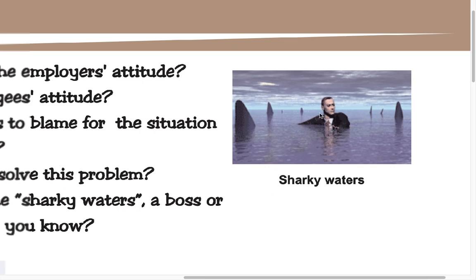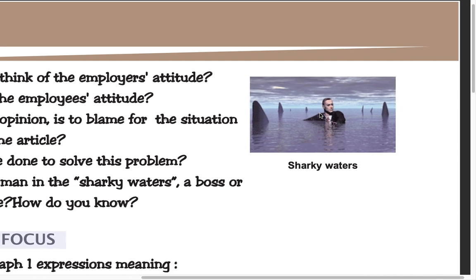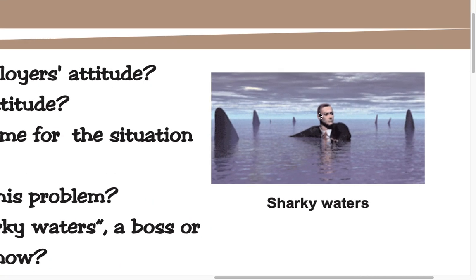If you say that that is a worker, so workers, if the person in the picture is a worker, they are trying to work but in a very bad place with a lot of problems. The sharks here represent problems in the water. The water represents their company. So problems at work, being disrespected, being discarded, being sacked at any time.